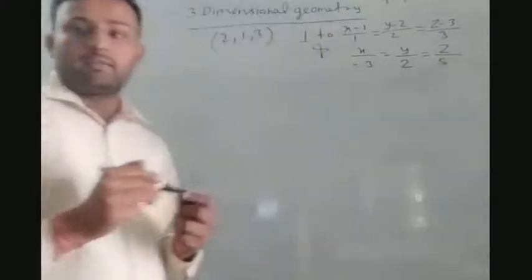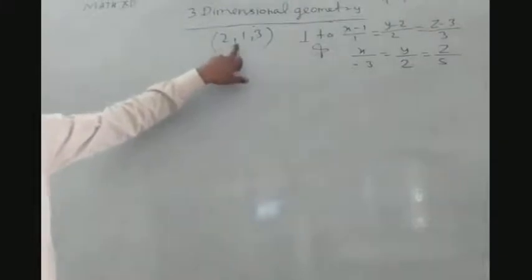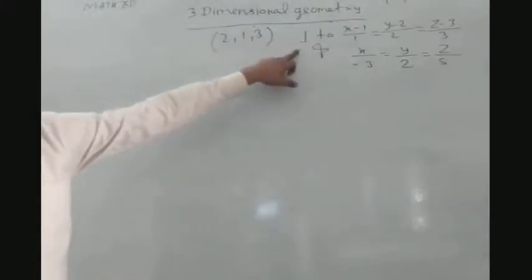We have to find the vector and Cartesian equation of the line which is passing through 2, 1, 3 and perpendicular to this line and this line.